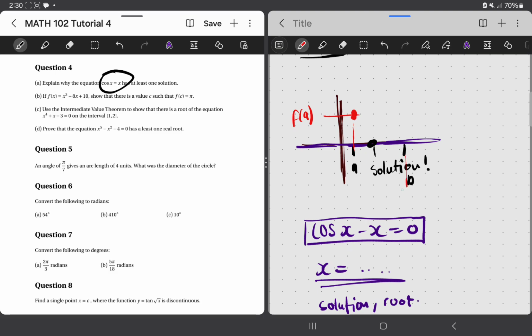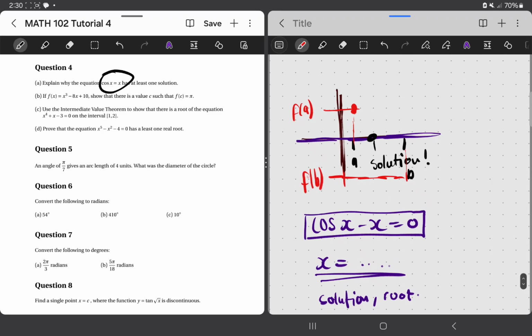Then b will be a point which gives you a negative result, f of b. Or vice versa: a can give you something negative and b something positive. They can both be negative x points, we don't care.